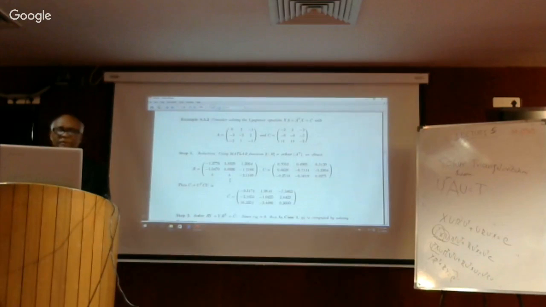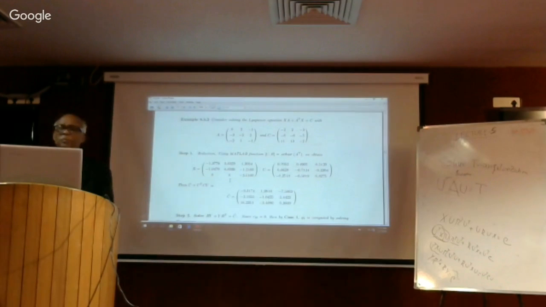Okay, so how do I get this real Schur form? Well, the MATLAB function gives the real Schur form. It's called schur. You know that function, right?